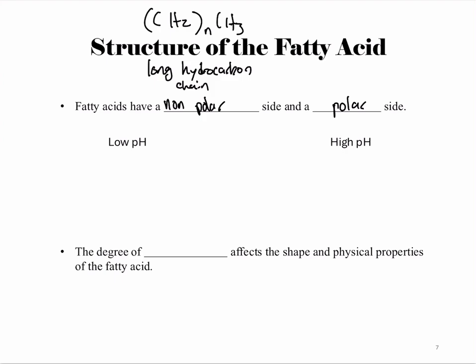So it'll be a water-soluble side, right? And what functional group, though? It's a fatty acid. It'll be a carboxylic acid side. So this is going to be the polar side, which is the COOH, the carboxylic acid. Or if it's in higher pH, the carboxylate ion on that side.